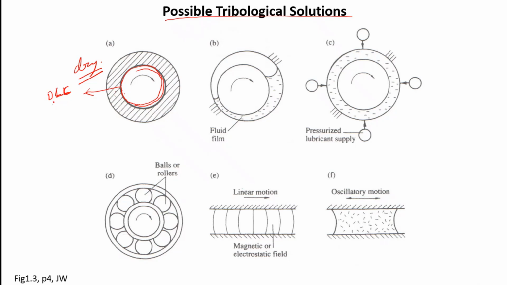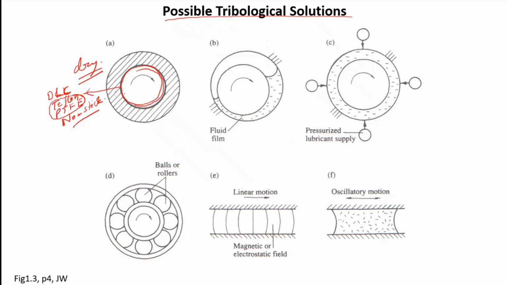Have you heard of Teflon coating or PTFE coating? Teflon polymers. Yeah, polymer or PTFE coating. They are the same thing. Teflon is the commercial name of PTFE, which is more the chemical name. Non-stick pans that we use in our kitchens are also Teflon coated or PTFE coated.